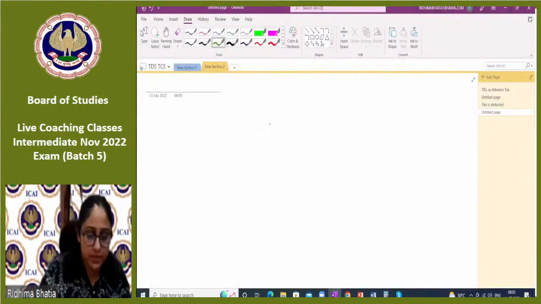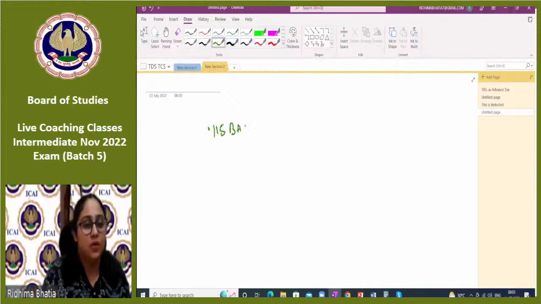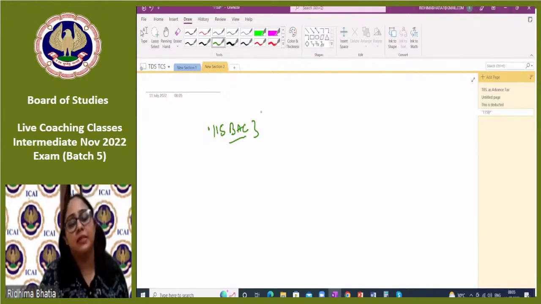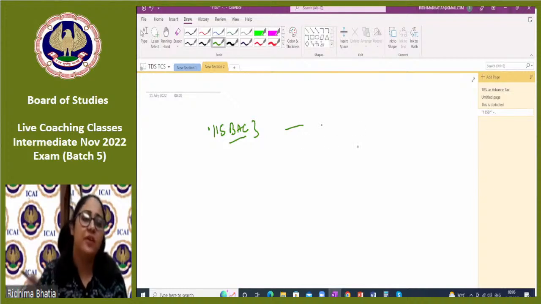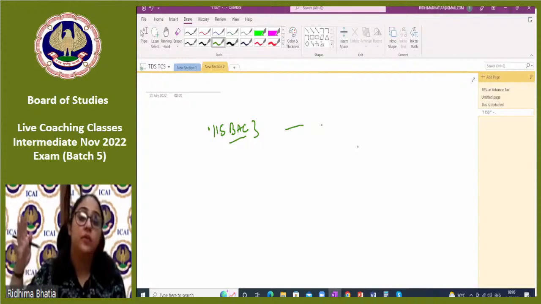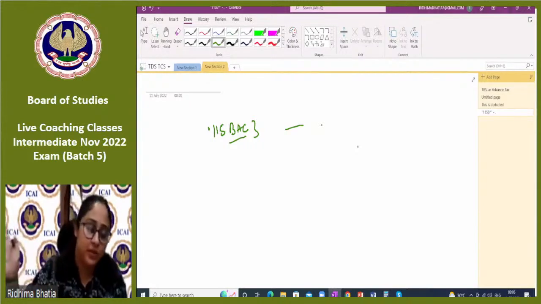There are more concepts in this. Now another concept which you have to take care of is this special section called 115BAC. I hope you have done it or probably you'll be doing it. This is a special tax computation section where slab rates change: 0 to 2,50,000, no tax, 2,50,000 to 5 lakh, and then it goes on 5%, 10%, 15%, 20%, 25%, and so on.